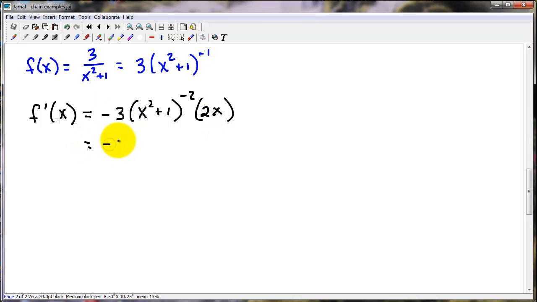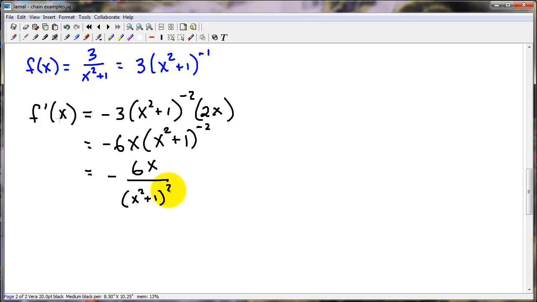So we have -6x times x squared plus 1 to the -2 power. We will finish our problem by getting rid of our negative exponent by moving that expression to the denominator and changing our exponent.